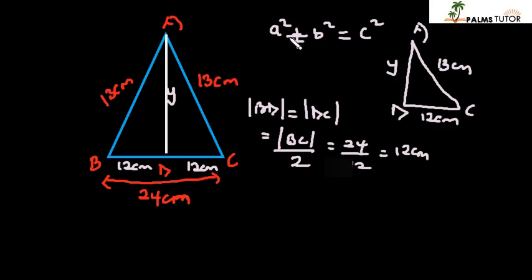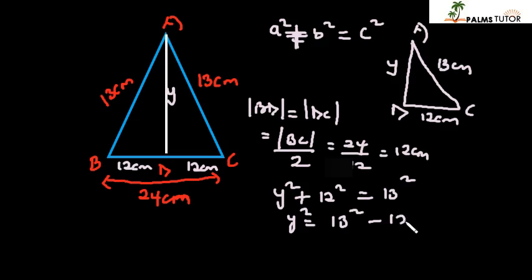So from our theorem, a squared plus b squared equals c squared. So we have y squared plus 12 squared equals 13 squared, so y squared equals 13 squared minus 12 squared. 13 squared is 169 and 12 squared is 144.